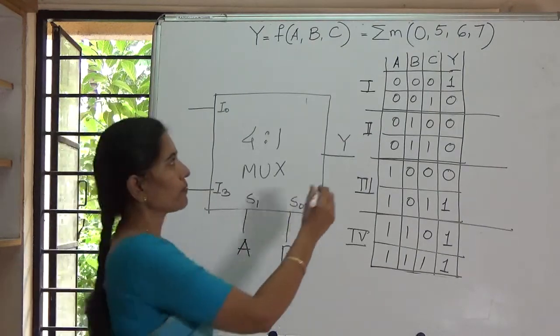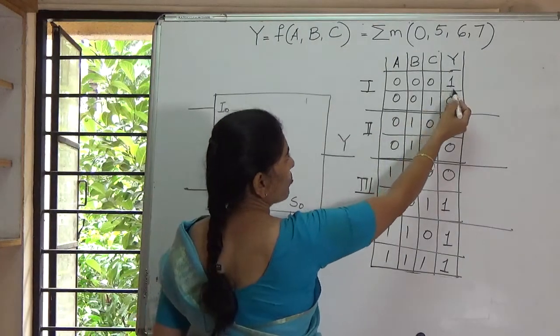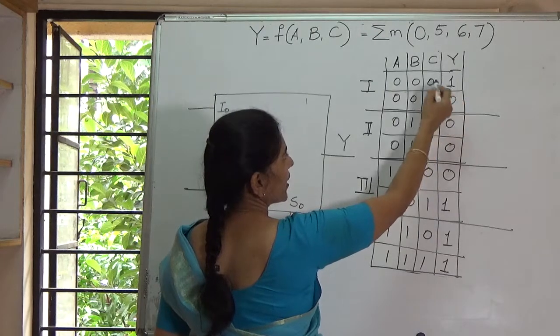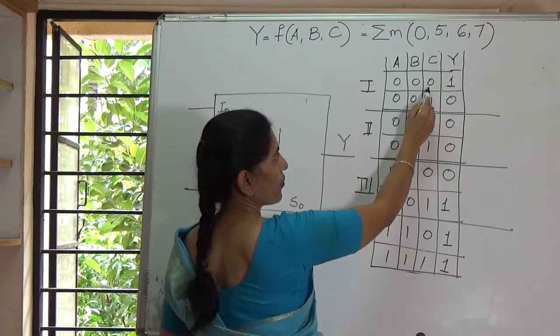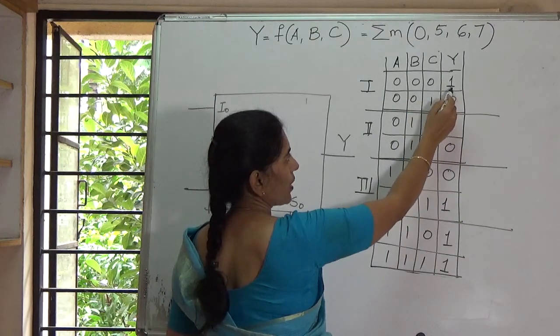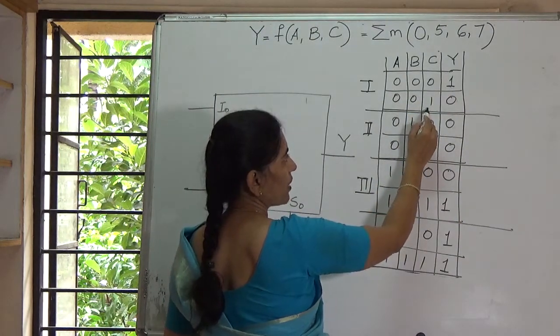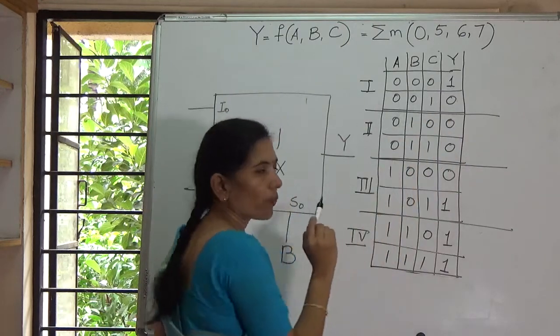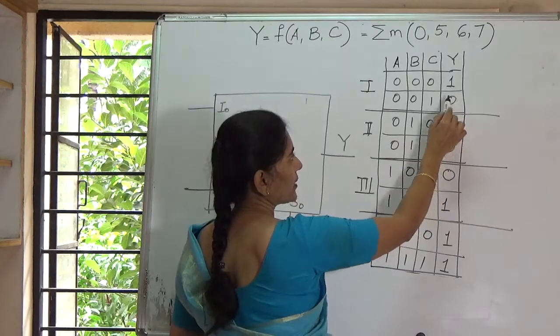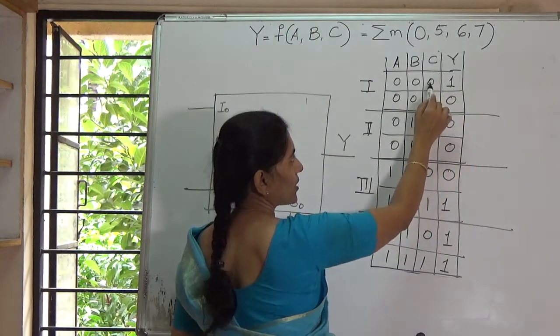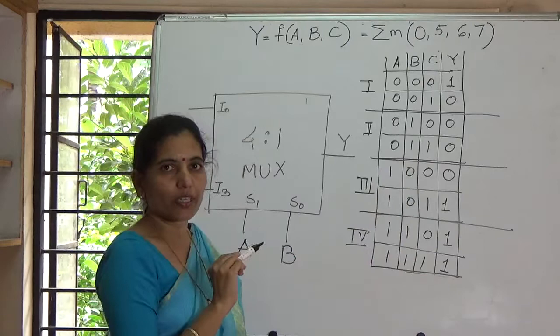So what we do is we look at the output Y and we see what is the relation with respect to C. So if C is 0 over here, output Y is a 1, and if C is 1, then output Y is a 0. Which means that output Y is exactly opposite to what C is with respect to that combination.